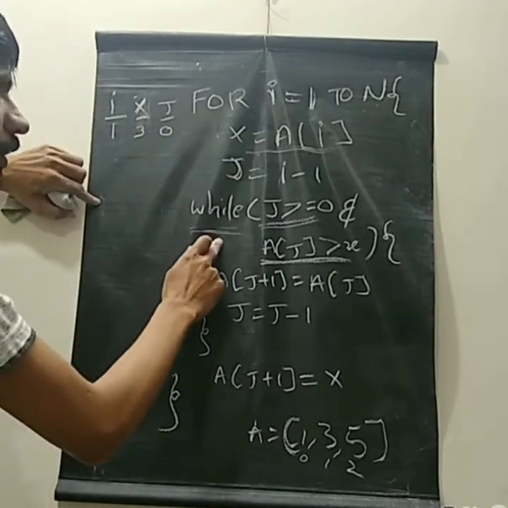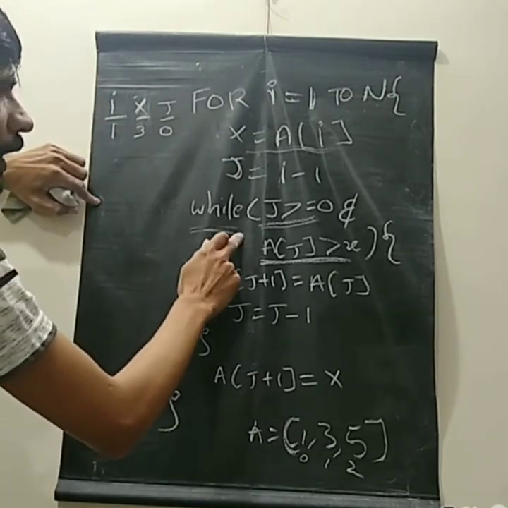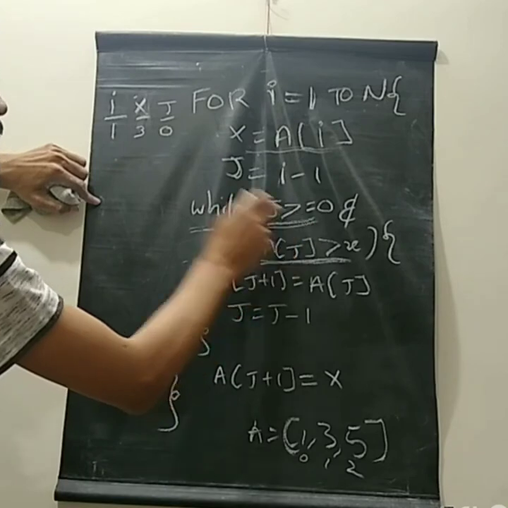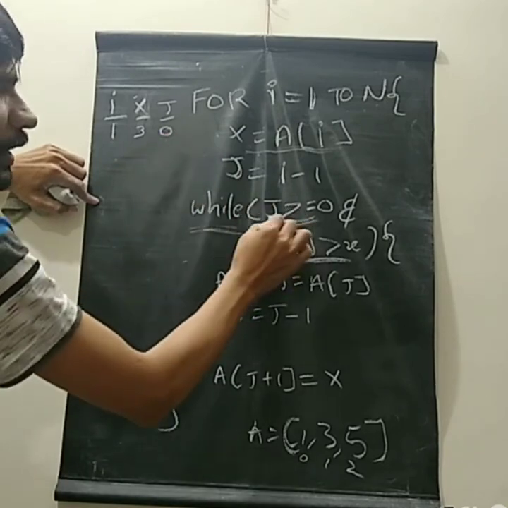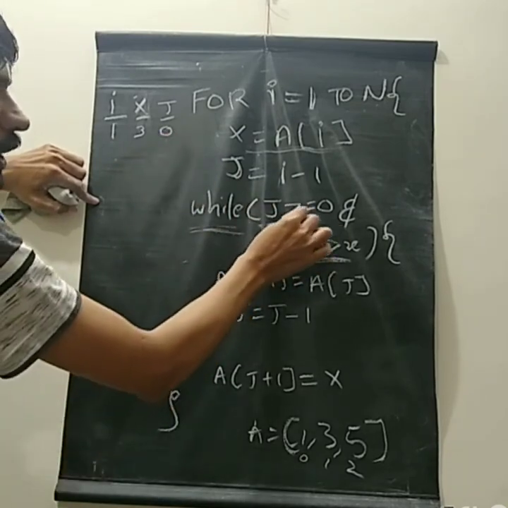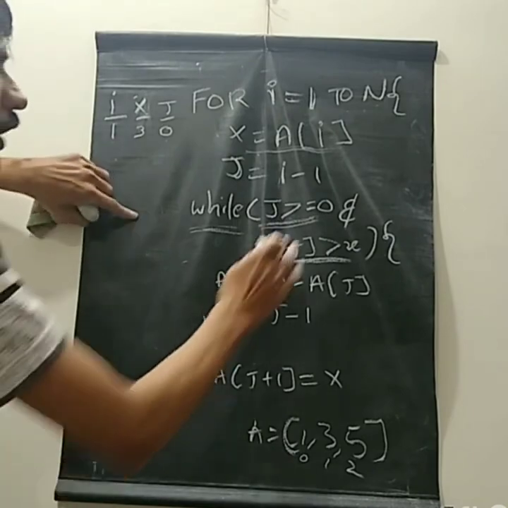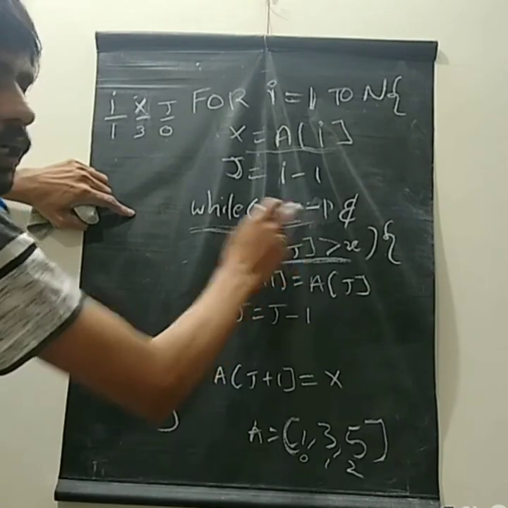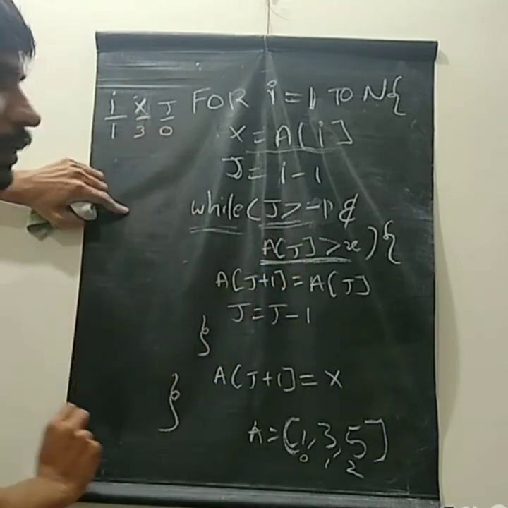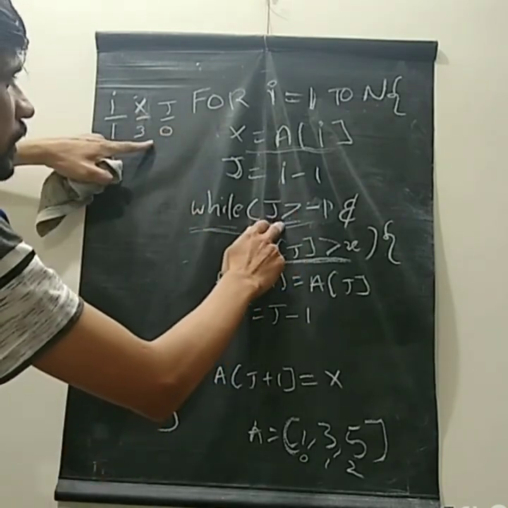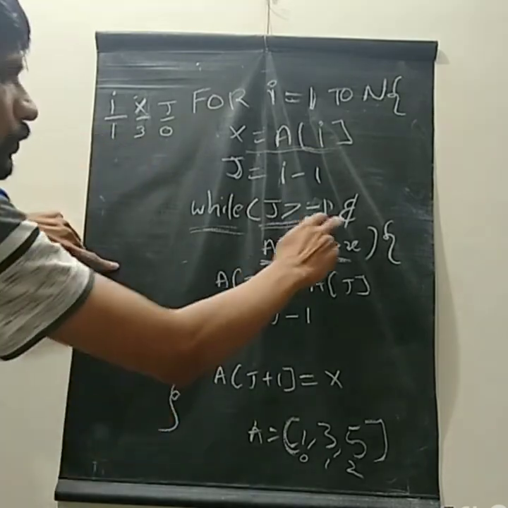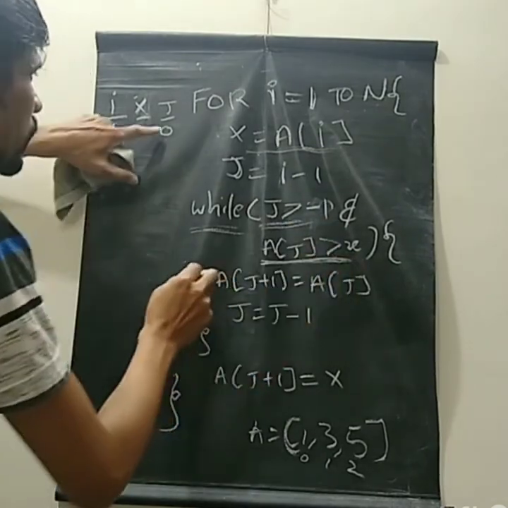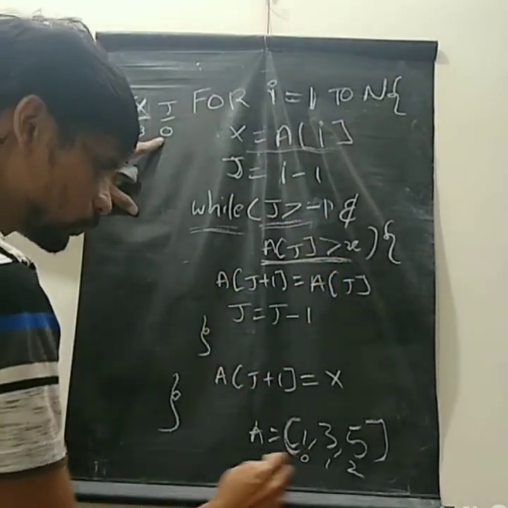Now we get the while loop. While j is greater than or equal to 0, this condition is satisfied because 0 is greater than or equal to 0. Or you can write it as j greater than minus 1 also, that will be fine. And a of j, what is my a of j? a of j is 1.